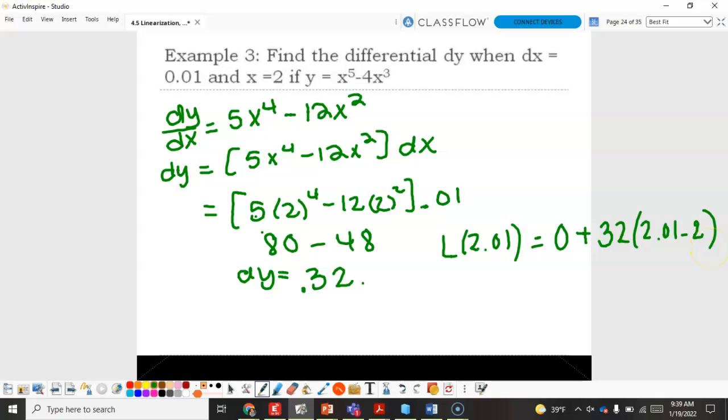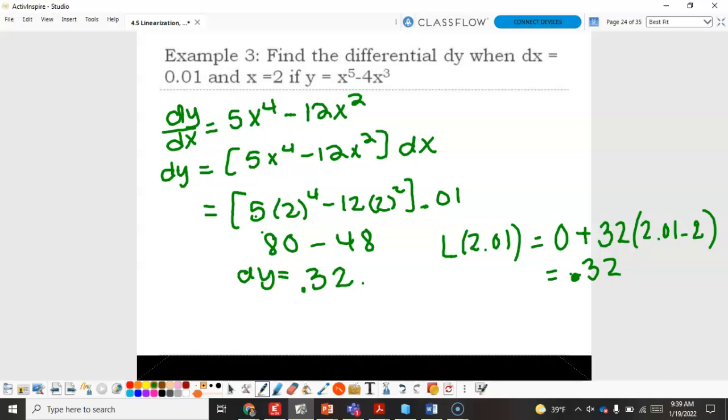Well, we already solved for that first, so it would just be 2 plus 0, right? So where would that be? It would be the point x 2.01, y 0.32.